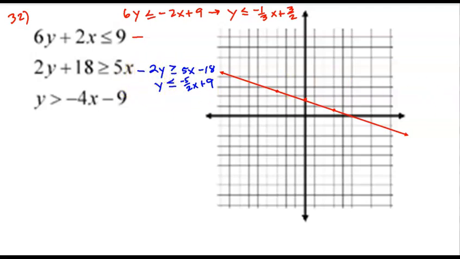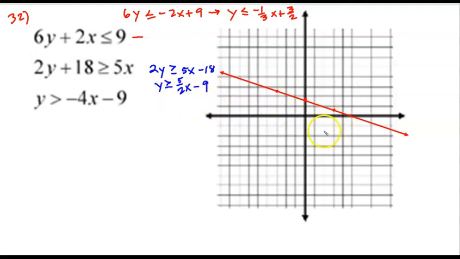That was my straight line. I was interpreting that as a negative. Okay, I'll fix that. So y is greater than or equal to 5 halves x minus 9.